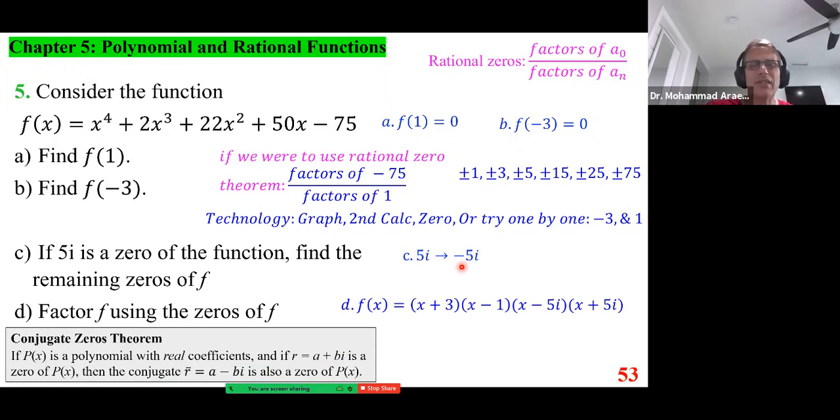Now, you can leave it like that, but these two, I hope you realize it's x squared plus 25. X squared plus 25.